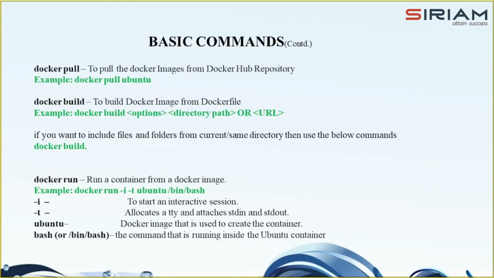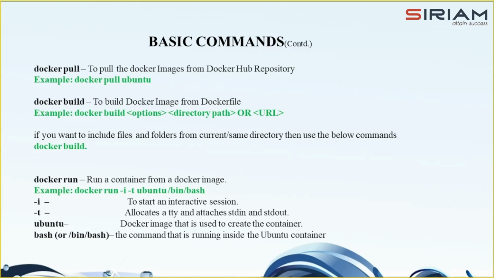The next command is docker pull. The purpose of docker pull is to pull an image from the Docker Hub registry or another specified registry. With docker pull, you can download Docker images from a registry such as Docker Hub to your local machine. You specify the image name, optionally followed by a tag, to pull a specific version of the image.